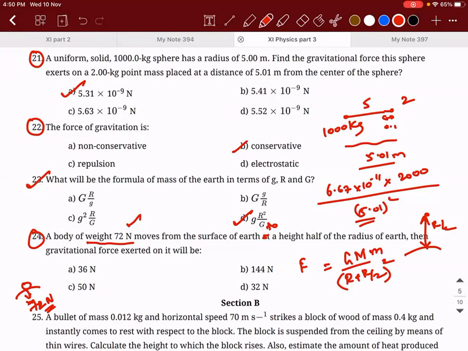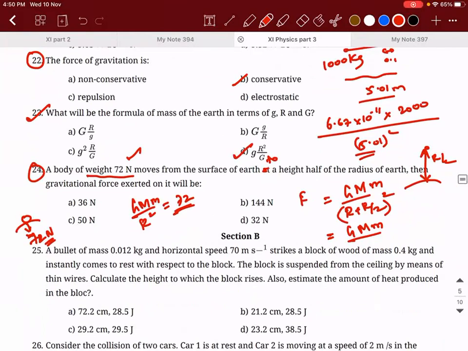And remember, when it was on the surface of the earth, GMm divided by r square is 72.